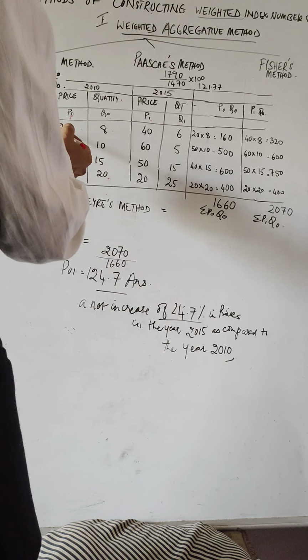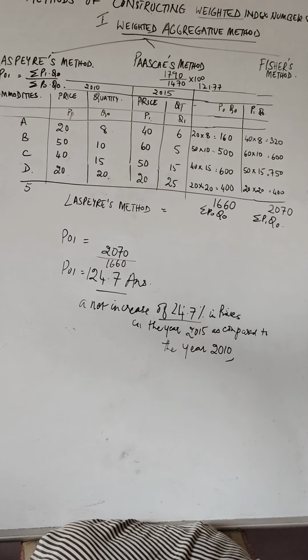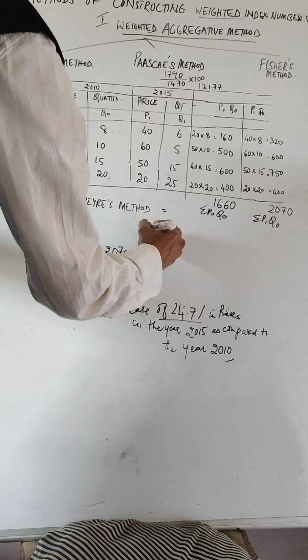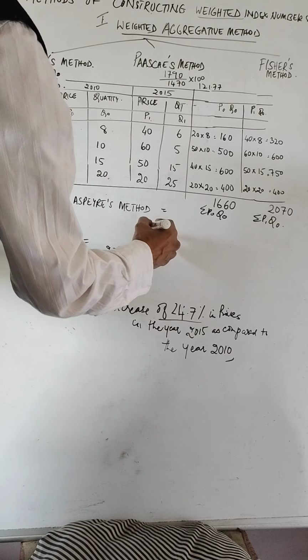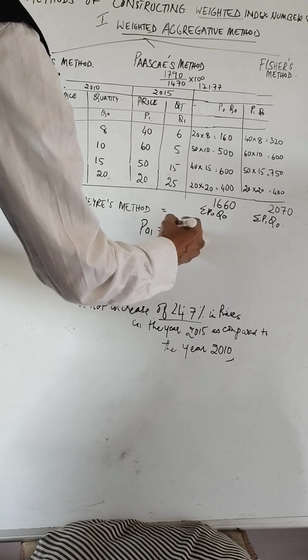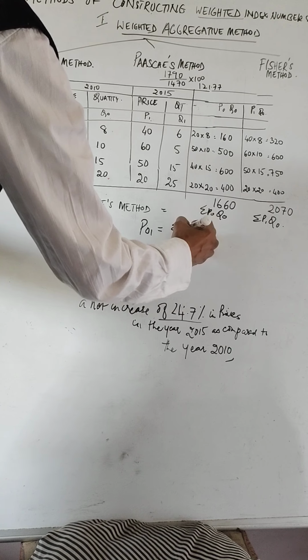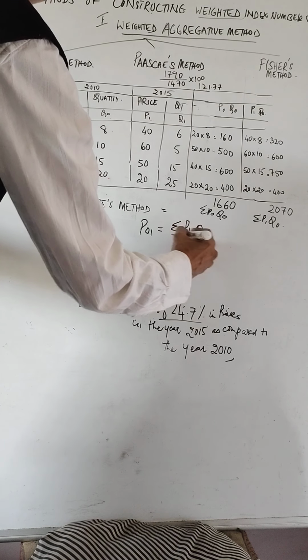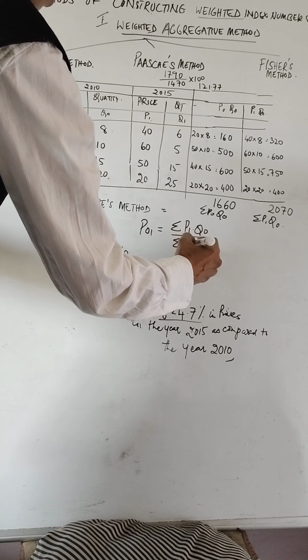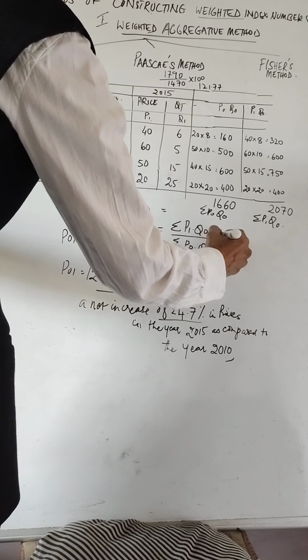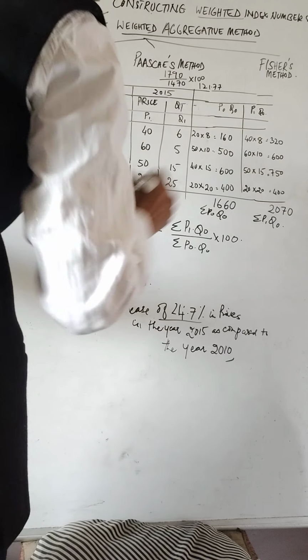So here the formula would be, let me just write it down. Laspeyre's formula: the price index, that is current year prices over the base year prices, is equal to sigma P1 Q0 upon sigma P0 Q0, into 100.